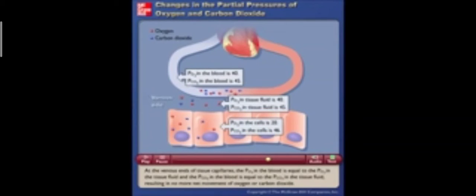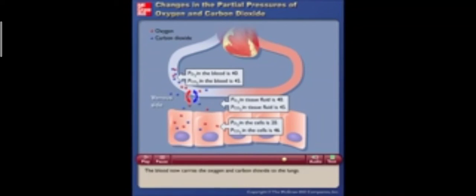At the venous ends of tissue capillaries, the PO2 in the blood is equal to the PO2 in the tissue fluid, and the pCO2 in the blood is equal to the pCO2 in the tissue fluid, resulting in no more net movement of oxygen or carbon dioxide. The blood now carries the oxygen and carbon dioxide to the lungs. In the body, all of these exchanges occur simultaneously.